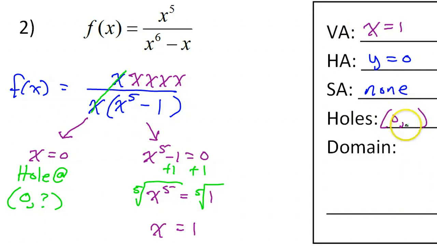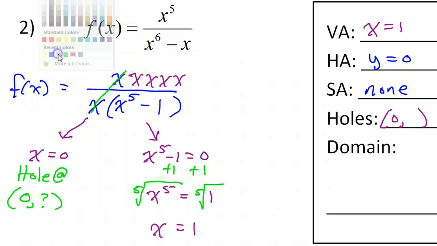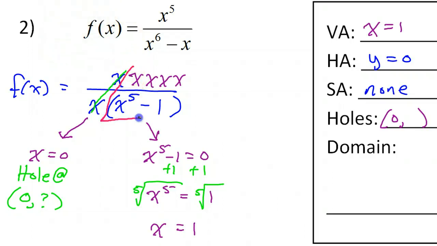Now if I want to find out the y value of the hole, and I do, then what I need to do is put this part of the function, the part that did not cancel out, in my calculator and see what the y value is. So I have my 4 x's.